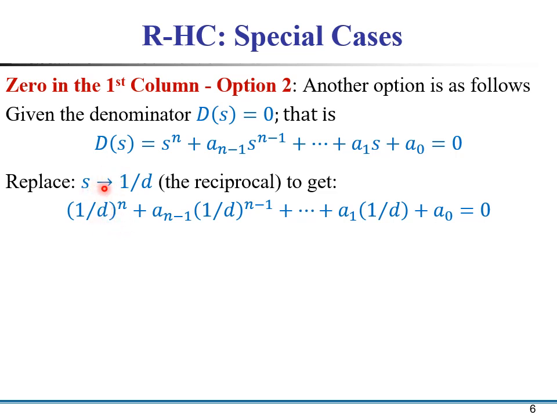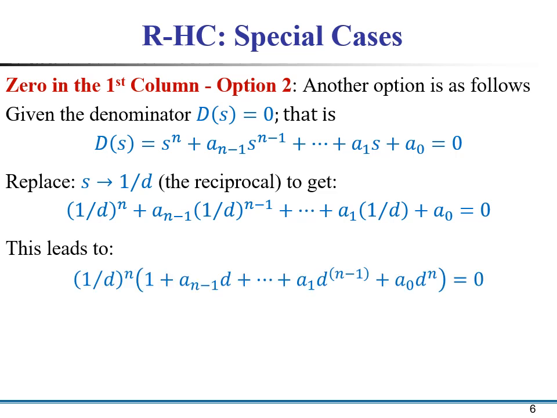So s has been replaced by 1 over d. The polynomial will become in this format, and a little bit of simplification of the equation will lead to this format of the polynomial equal to 0. Now if we look at this equation, the coefficients are in the reverse order over here.